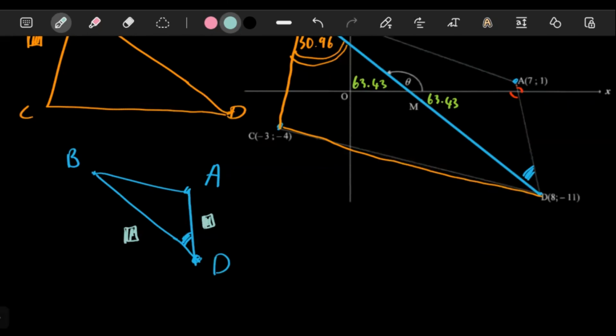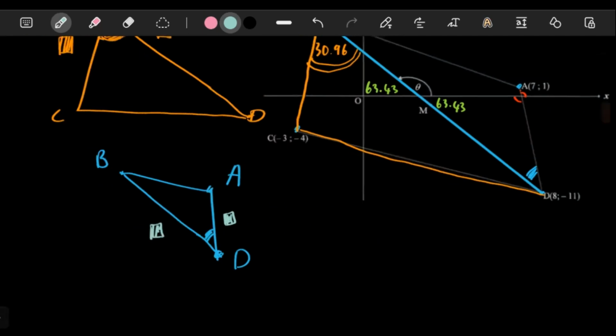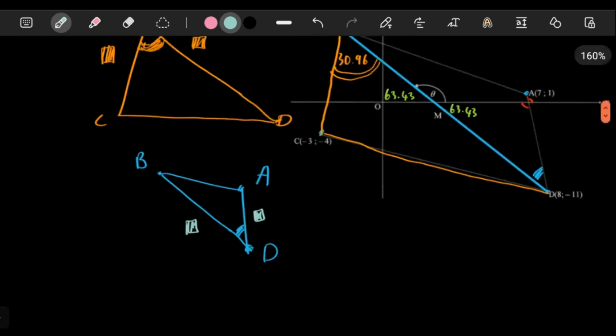Now, to be honest, I'm really not keen on doing it like that, because there's really no reason.